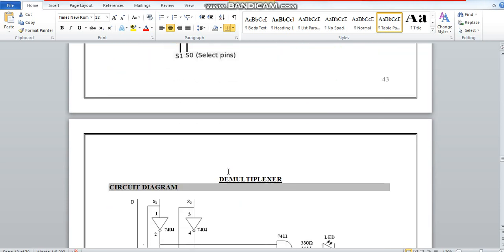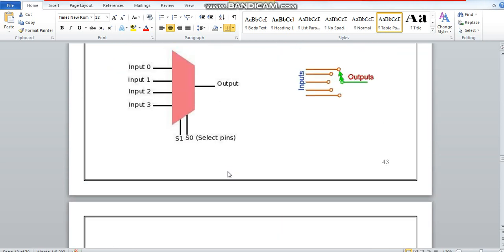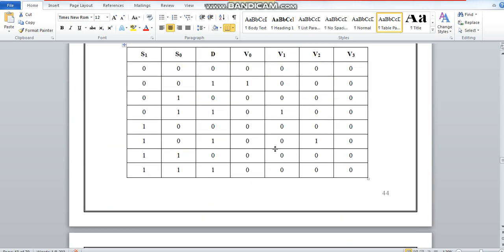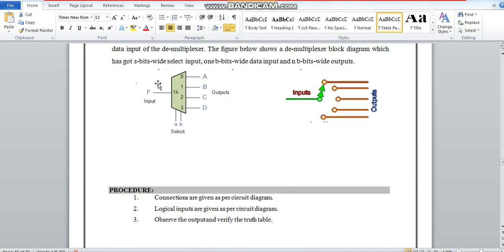In a demultiplexer, you have only one input signal and many output pins. You have selection pins, and the one input is transferred to the selected output pin, with the selection done by the selection pins. So this is what a demultiplexer is.